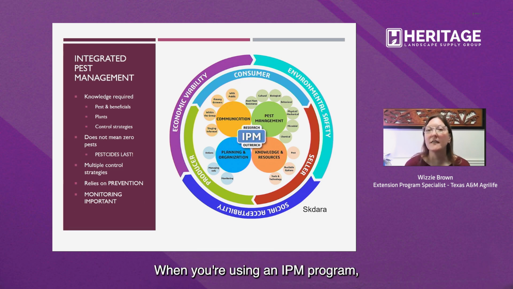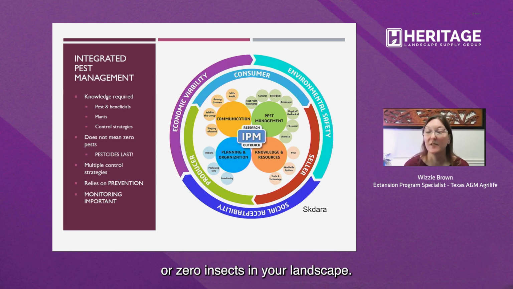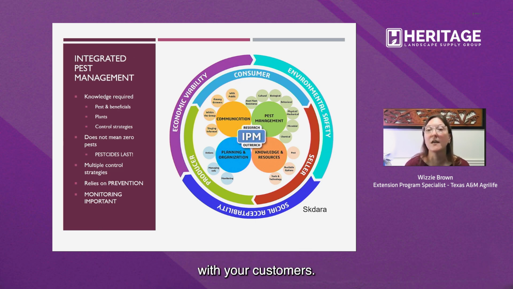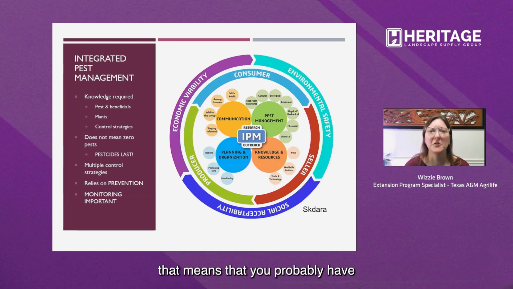When you're using an IPM program, it does not mean that you're going to have zero pests or zero insects in your landscape. That's something for you to know, but it's also something that you would need to communicate with your customers. If they are expecting to have zero insects in their landscape, that is a very unrealistic thing. Actually, if you have zero insects in your landscape, that means that you probably have a very unhealthy ecosystem.